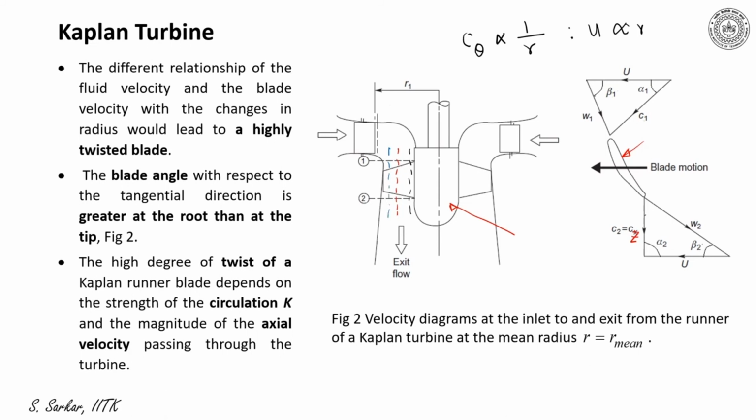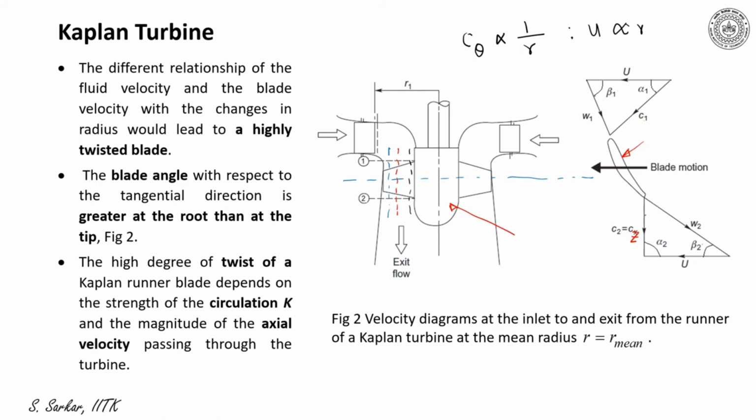Let me project the blade profile on these three respective sections. If I do that, and if I project on a plane, how they will look: the mid-section profile I have already indicated.